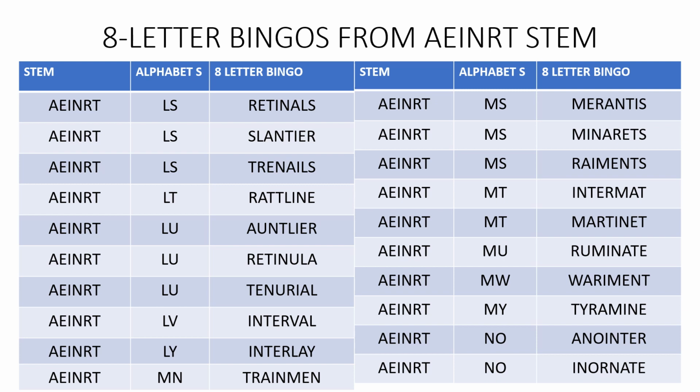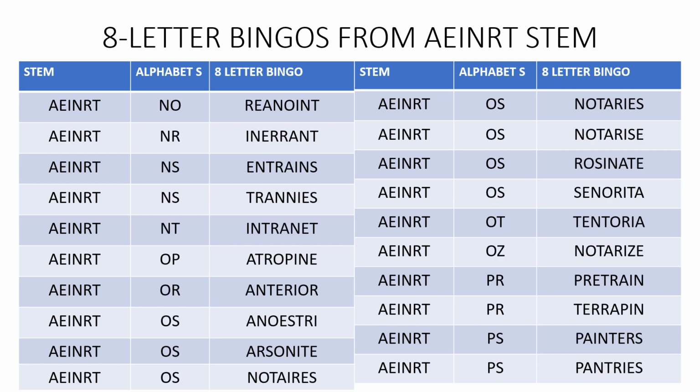With LS, retinals, slantier, treenails, ratline with single T as well, but here it is with double T, and this NS with entrains, trannies, with NT, intranet, OP, atropine. Interior we all know with I, but here with OR it's anterior with A as well.